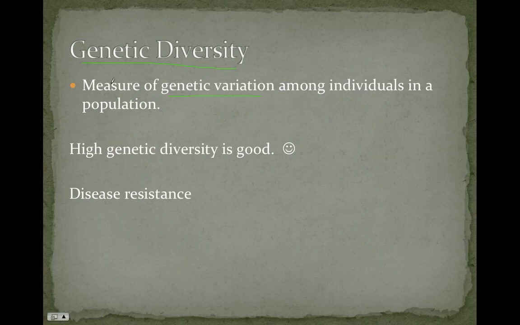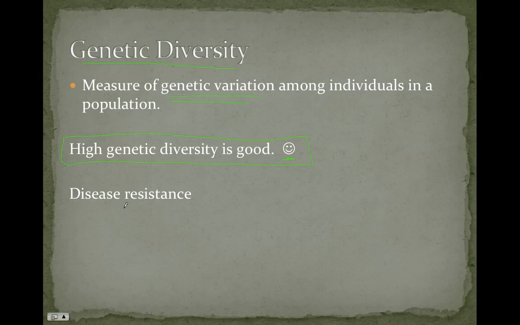Genetic diversity is this measure of genetic variation among individuals in a population. And the key here, and this is a very important thing to remember, is high genetic diversity is very good. This is good for the species and then ultimately good for an ecosystem.